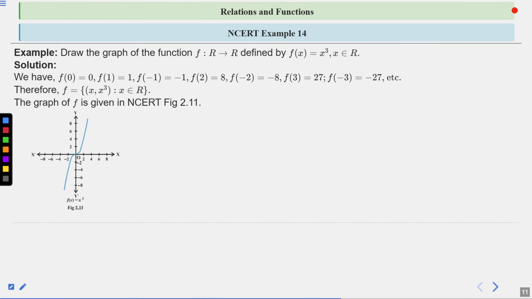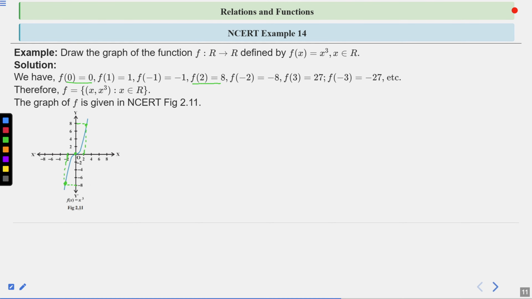So just put 0 comma 0, so 0 comma 0 will be here. For 1 comma 1, or you just try to see 2 comma 8, so 2 is here. Now what about 8? 8 will be here, so the 2 comma 8 point. Now -2 comma -8, so -2 is here and -8 is here, so -2 comma -8 will be somewhere here. Now just join them.